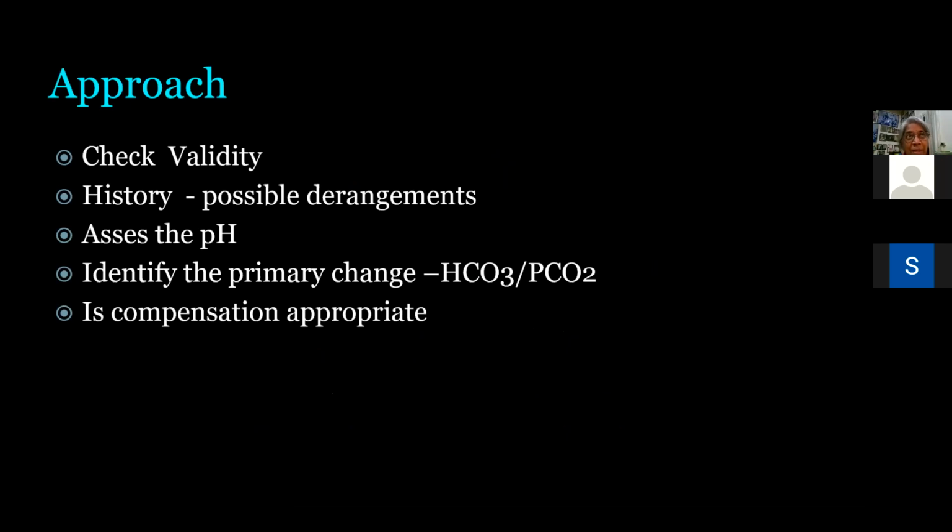You can never interpret a proper ABG without knowing something about the patient from whom you've collected it, so you already anticipate the possible derangements based on what you're seeing clinically. In the ABG itself, first assess the pH, identify the primary change between bicarb and PCO2, and see if the compensation is appropriate. And never forget, always see whether there is an anion gap? These 4 steps make your primary approach to analyzing your ABG.